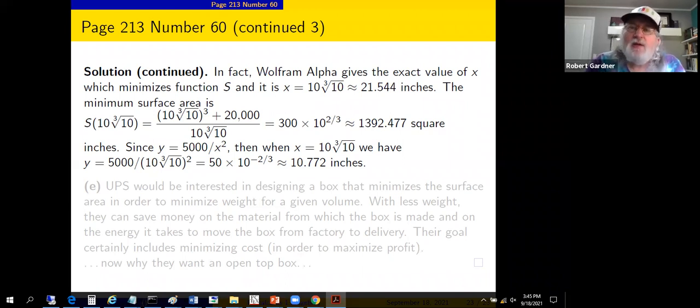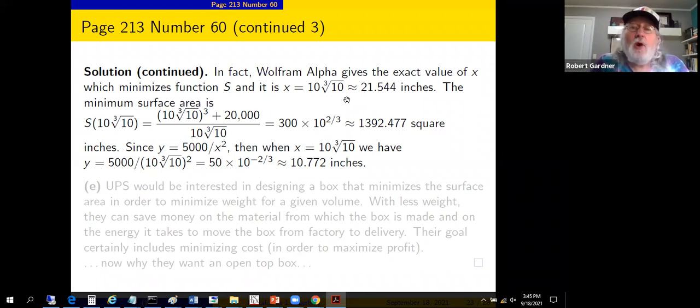So that's consistent. But let's go ahead and take Wolfram Alpha's output of 10 times the cube root of 10. That's where the minimum is. You know, I don't like this eyeballing it and guessing, or depending on software. You will have a technique to do this in calculus and to find these precise values.